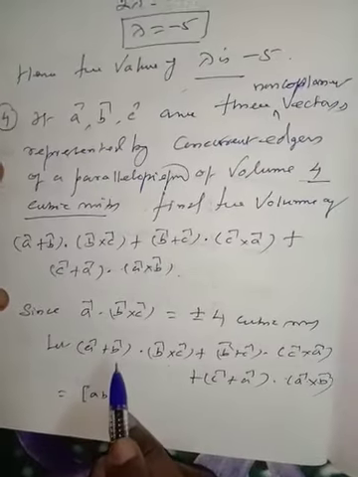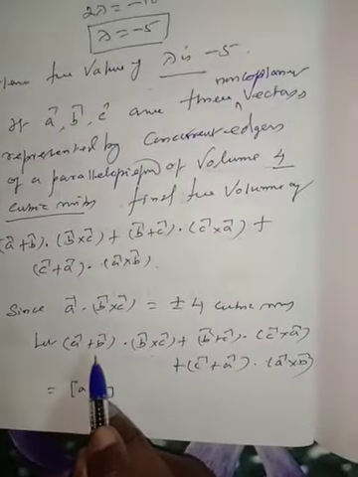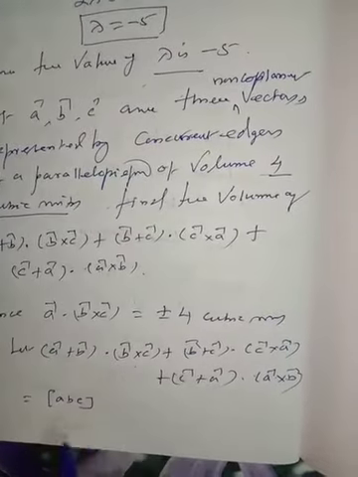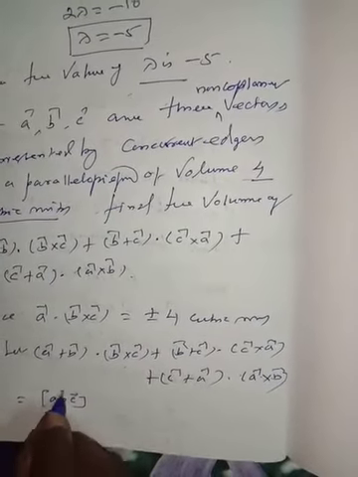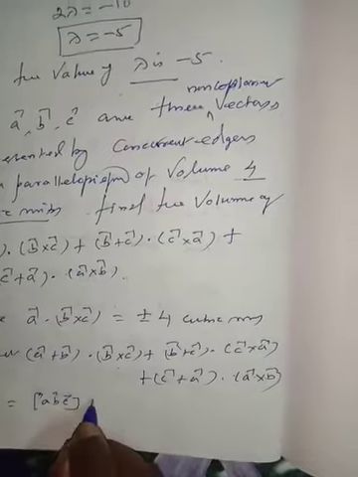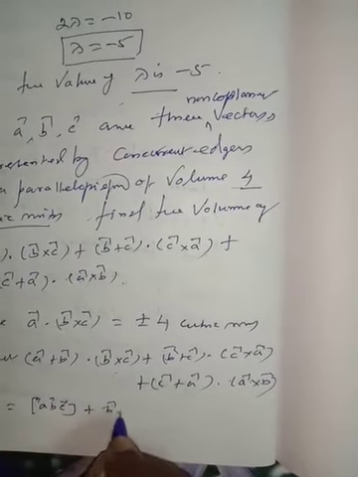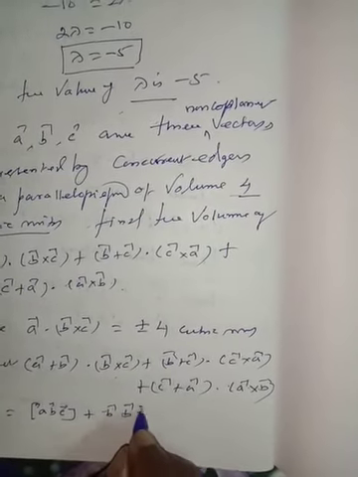Next multiply b dot (b cross c), which is the box product of b, b, c.